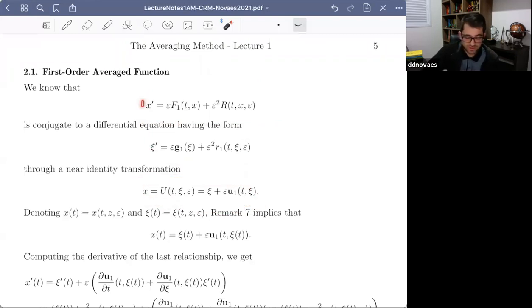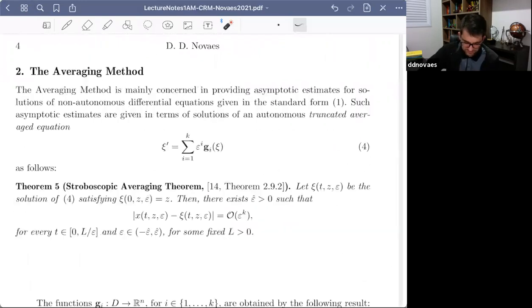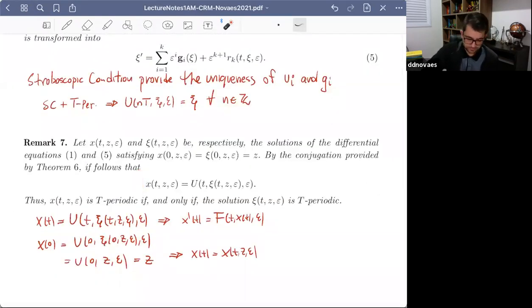So denoting by x(t) the solution of the difference equation 1 and c(t) the solution of the difference equation 5, the previous remark implies that x(t) is equal to kc(t) plus epsilon u1(t, kc(t)). It's exactly what I'm saying here, but using now the expression for u.